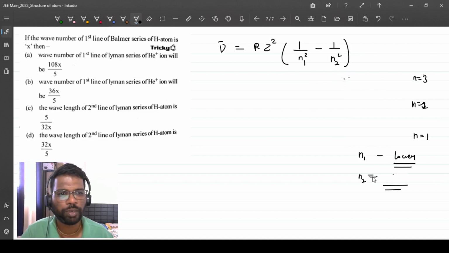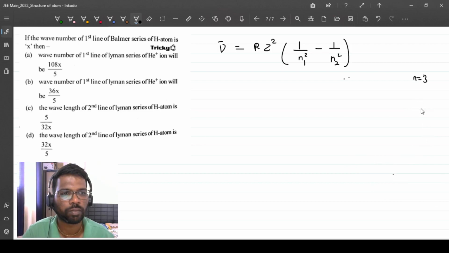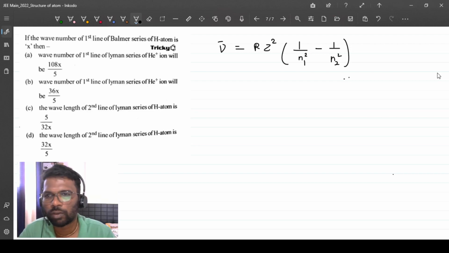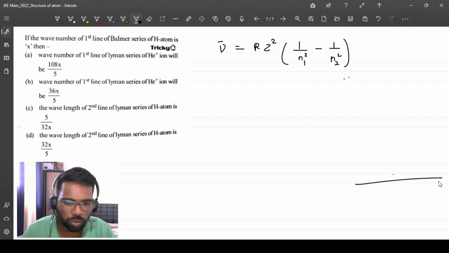So coming to the question, if the wave number of the first line of a Balmer series of the hydrogen atom is X, now the first line of the Balmer series, let's say this is n is equal to 1.